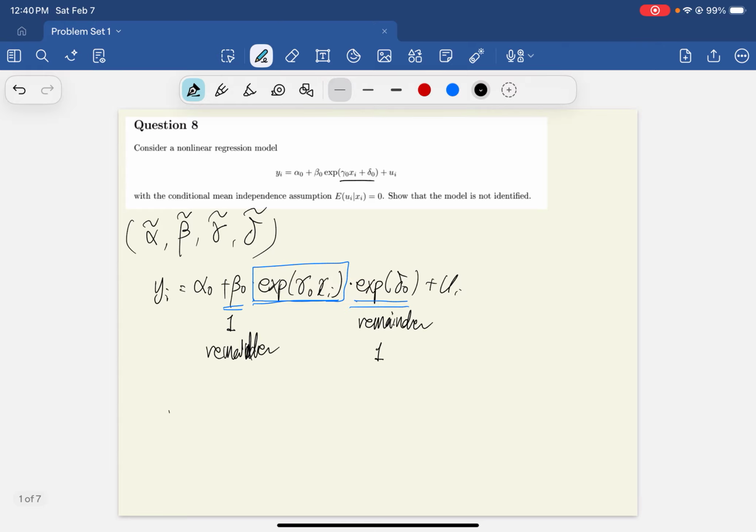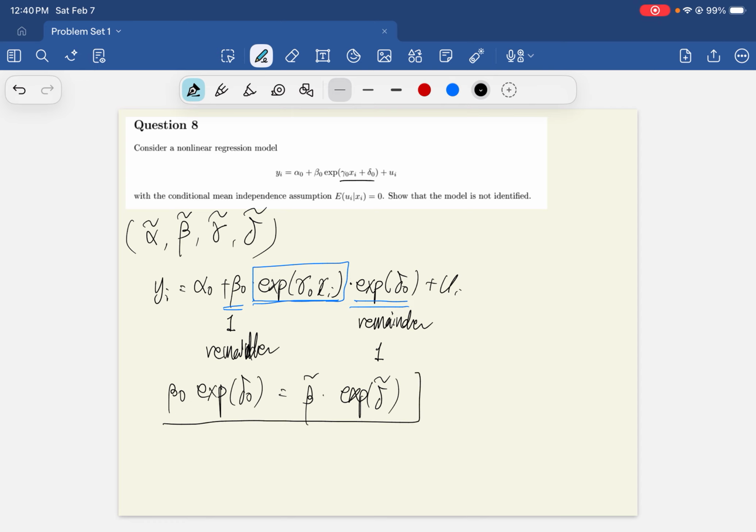Whenever you get the equality like this, they are observationally equivalent. Gamma and alpha are no problem, they are identified actually. So our problem is in these guys.